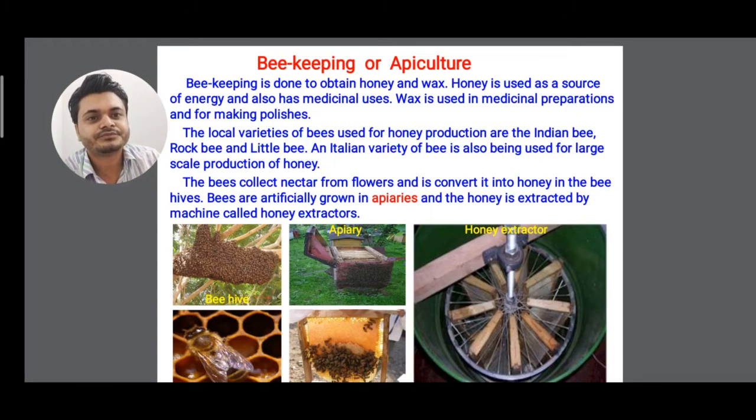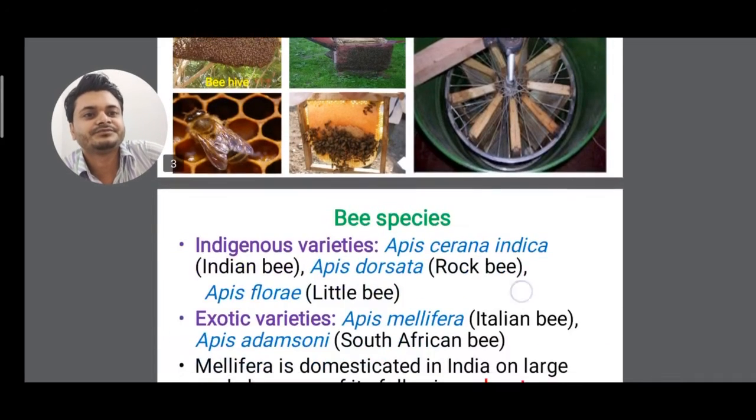Bees are artificially grown in apiaries, and the honey is extracted by a machine called a honey extractor. So in apiaries the bees are grown artificially, and in the honey extractor we extract the honey.